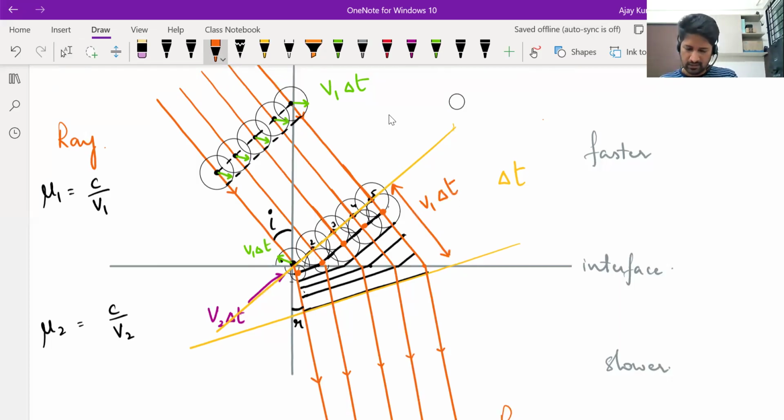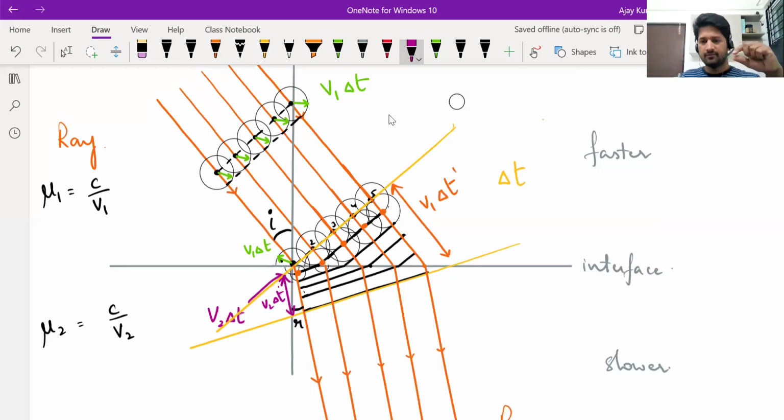And this distance that light travels in the second medium in the same interval is V2 delta t. Or delta t dash also you can take. Any amount of time you consider, not an issue.